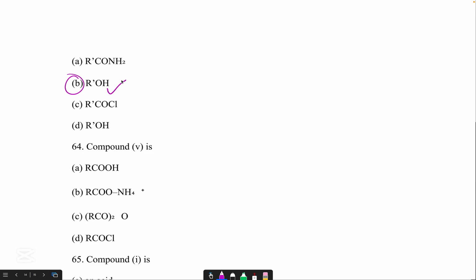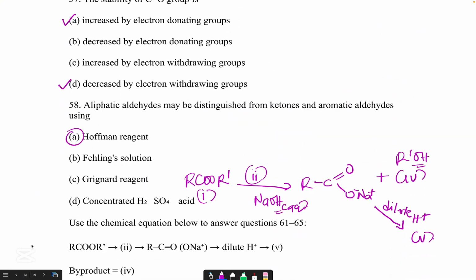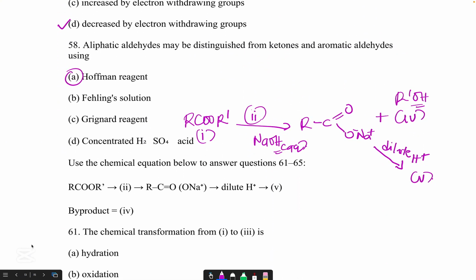Compound V is what? What do you think compound V is? When you pass the sodium salt of the ester through dilute HCl, the sodium will be replaced with hydrogen.